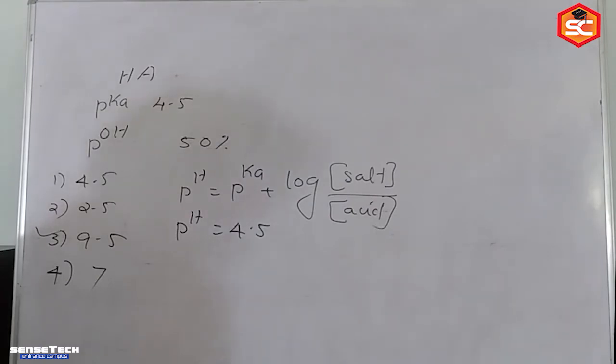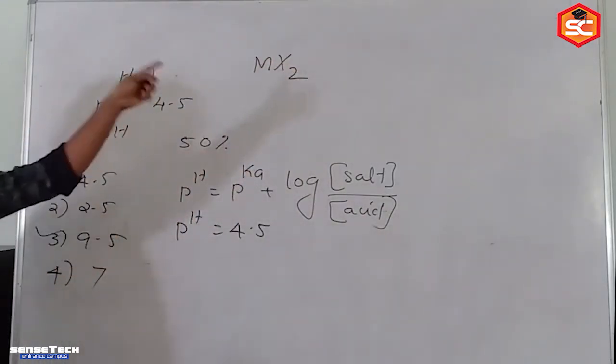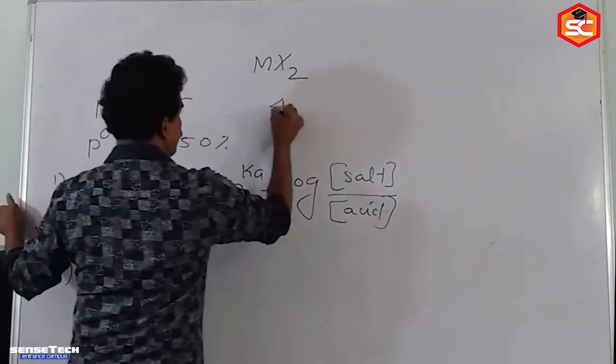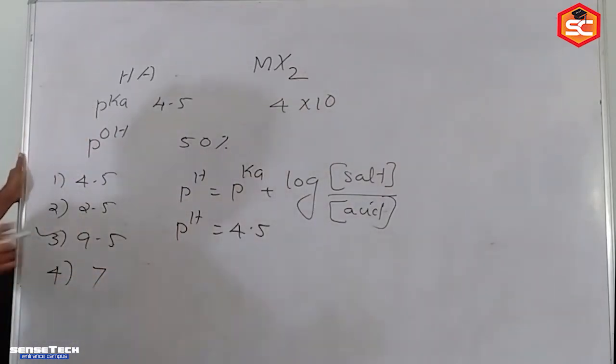Then next question. The solubility product of a salt having general formula MX2 in water is 4 into 10 to the power minus 12.